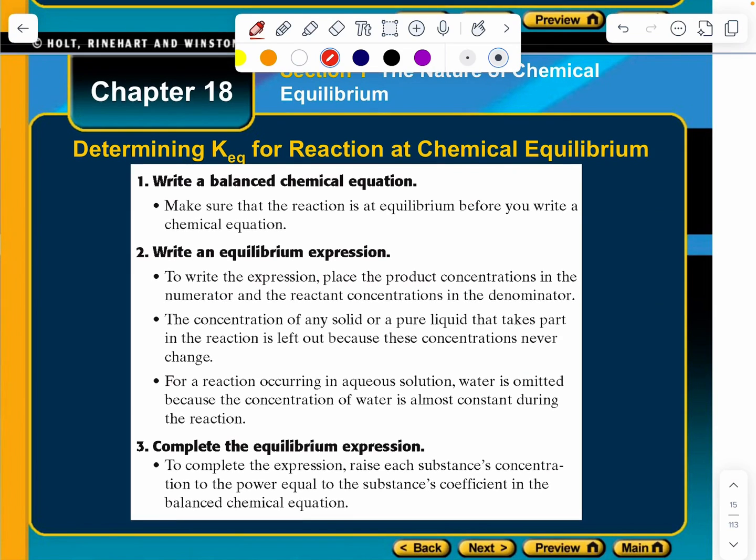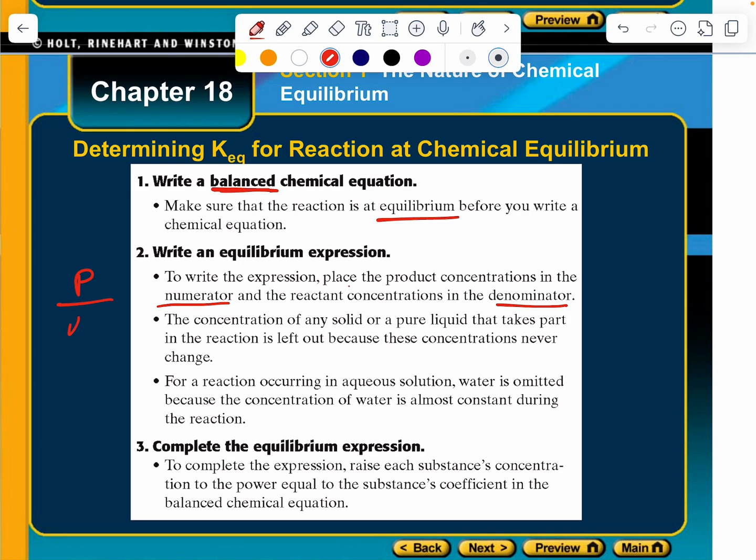Here, to determine K for equilibrium, for sure we should write a balanced chemical equation, and we should have an equilibrium. Then to write the expression, place the product concentrations in the numerator, and the concentrations of reactants in the denominator, correct?